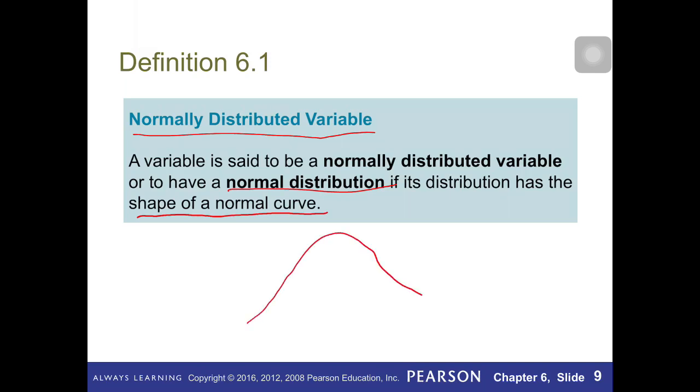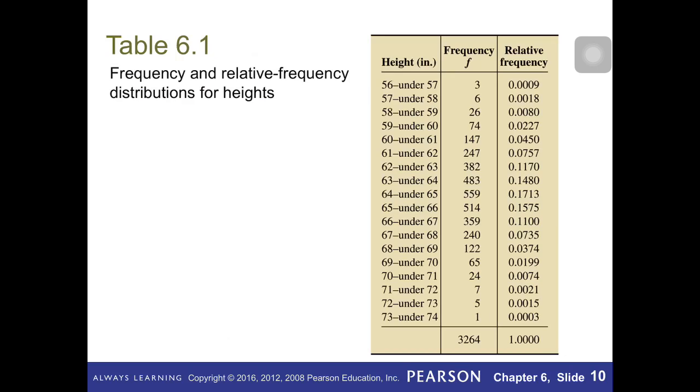Do you remember this bell shaped curve? It is not very smooth, but this is the normal curve, a perfect bell shape. So if we have this normal curve, we call that variable normally distributed.